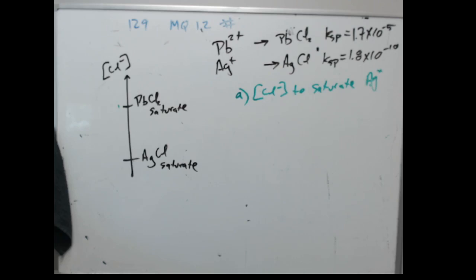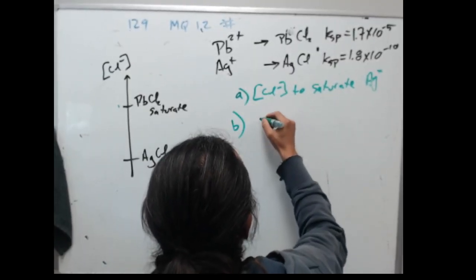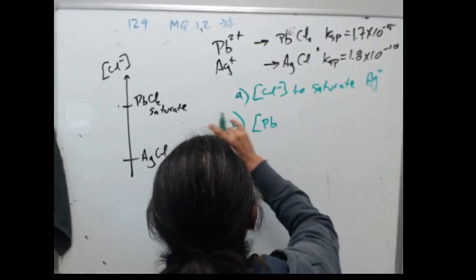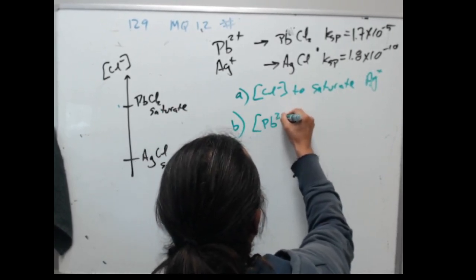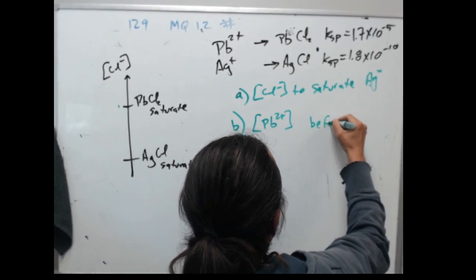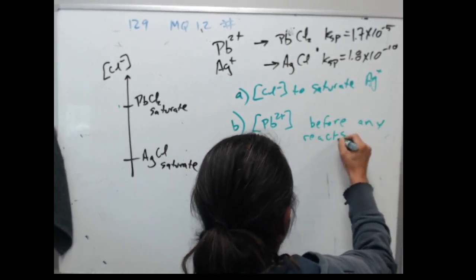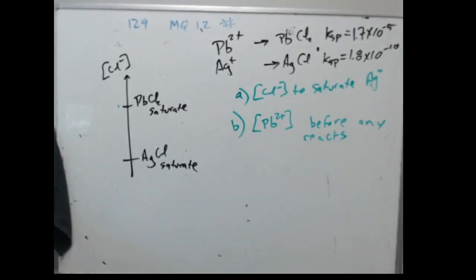So calculation A, we did that in class. Calculation B then becomes no calculation at all. Once we understand lead is still there, it's the Pb2 plus concentration. It's asking what's the lead concentration in solution before the second compound begins to precipitate.